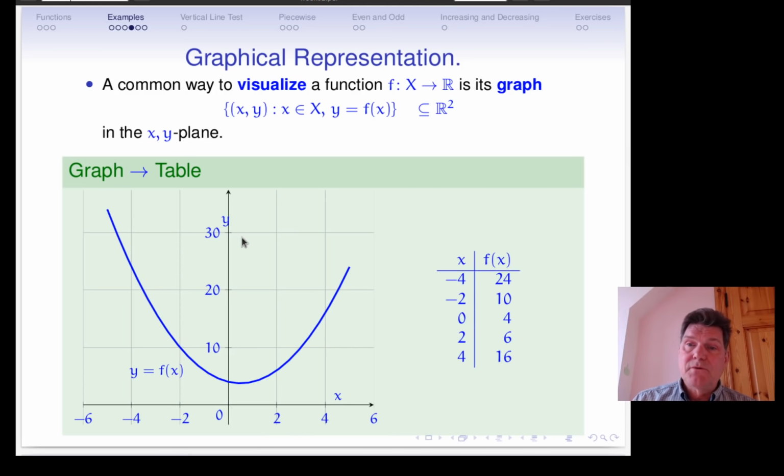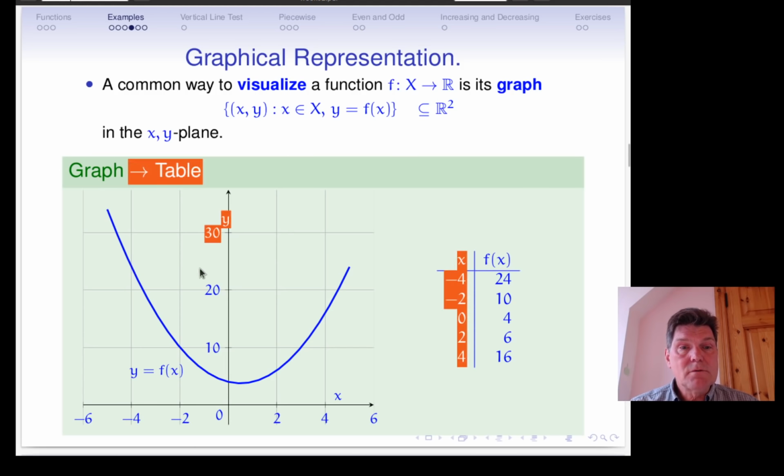And we can use the graph to read off properties of the function. For example, we can tabulate values, if that's what we're interested in. Now we can read off values from the graph and put them in a table. Here we find at x equal to minus 4, a y value which is around here, possibly 24.